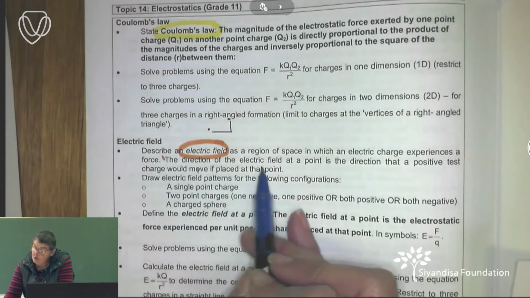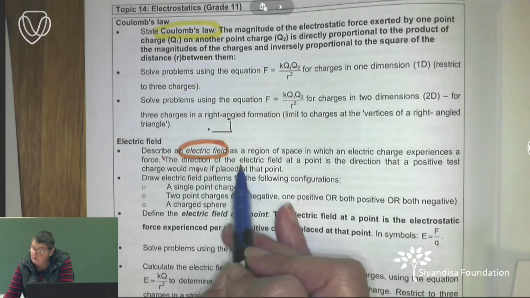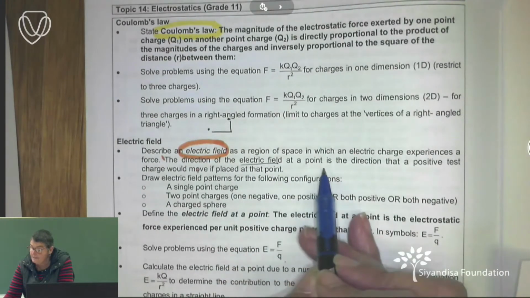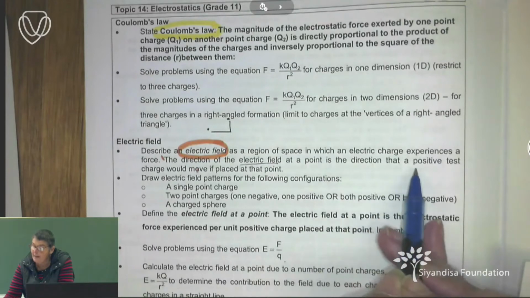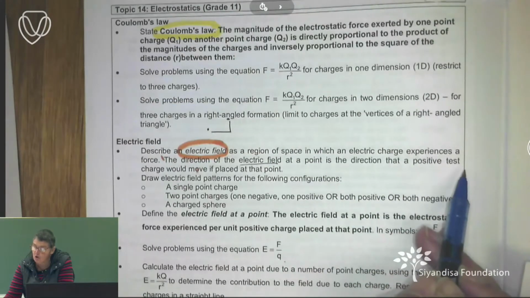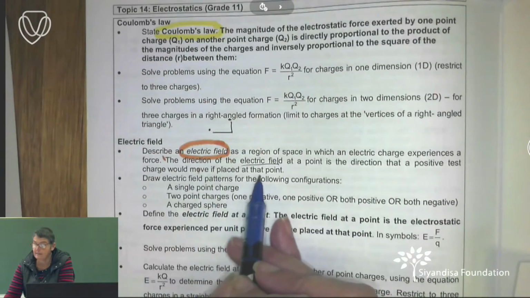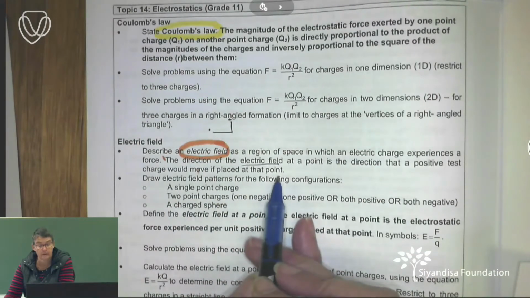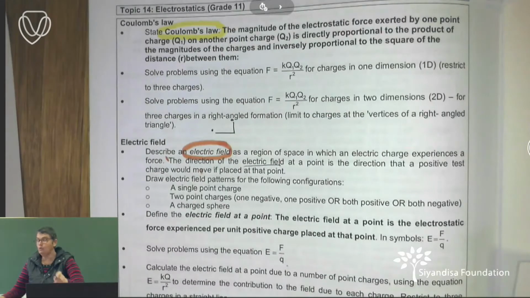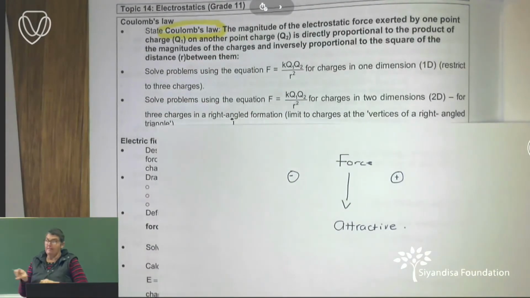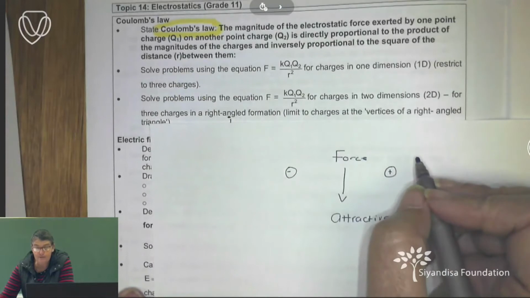The direction of the electric field at a point is the direction that a positive test charge would move if placed at that point.